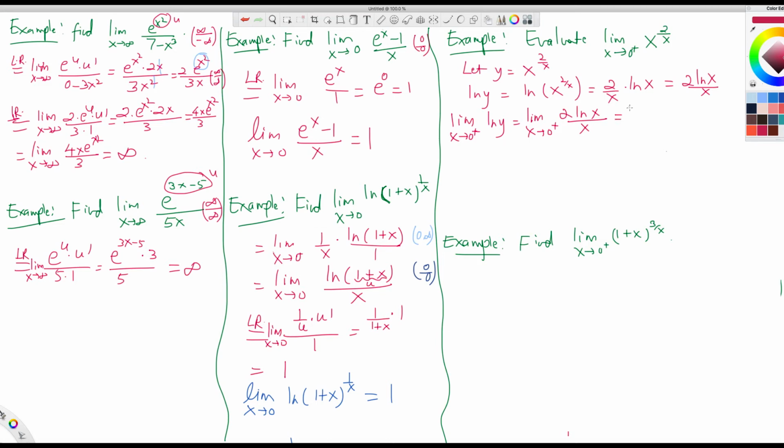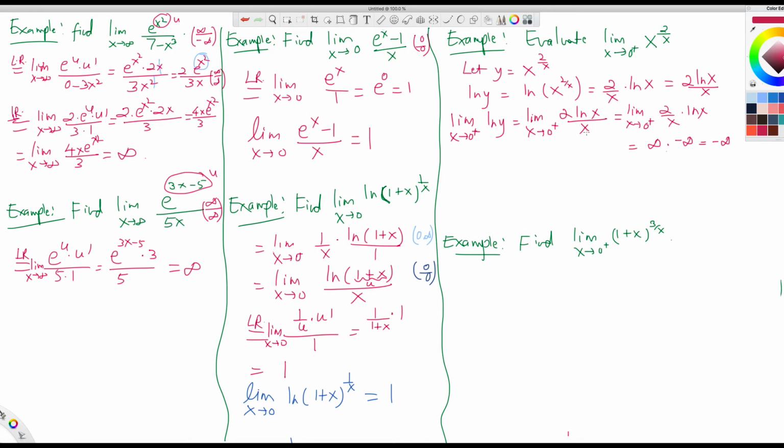You can write limit x tends to 0 plus of 2 over x times natural log of x, because it is not the 0 over 0 form. That's why I just separate that. If you do that, what do you get? 2 over x is positive infinity, times, when x tends to 0, natural log of x will be negative infinity. Basically, the limit is negative infinity.